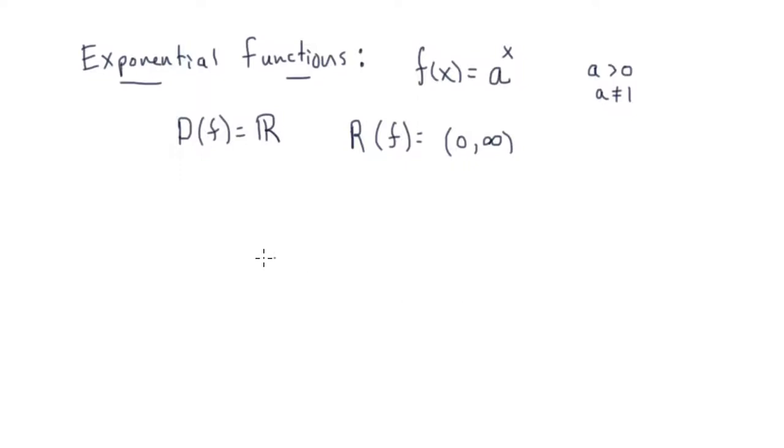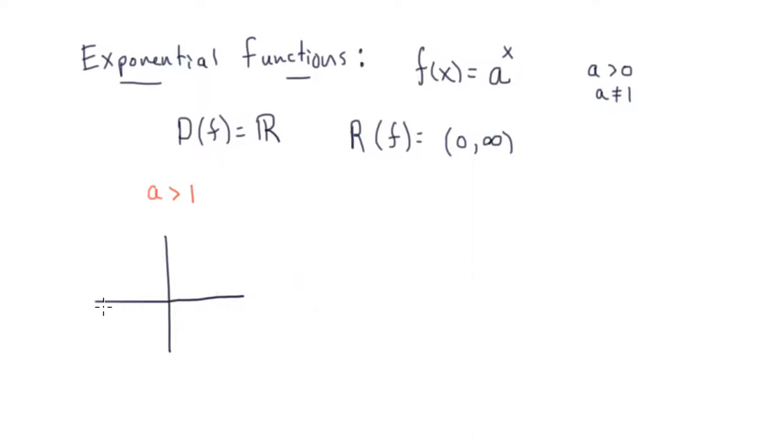So another important thing to note about exponential functions is their end behavior. And we're going to break this down into two cases. So the first case is when a is strictly greater than 1. And in this case, our function is really growing exponentially.